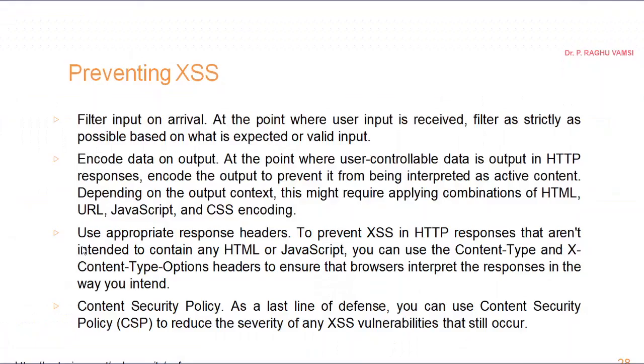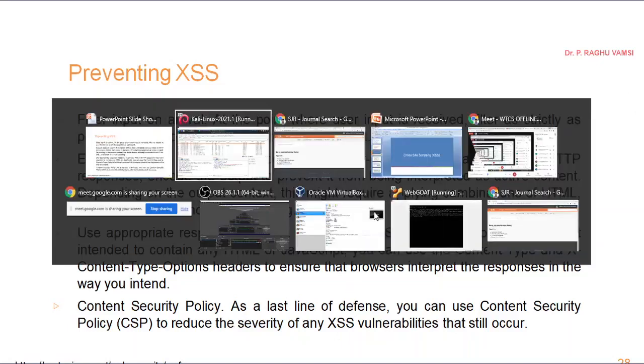So use appropriate response headers and make sure that X-Content-Type-Options and content types are set. Above all these three, it is always encouraged to set up the Content Security Policy, which is a security standard in computer security, especially to avoid XSS attacks. So these are the preventive steps that we have seen.